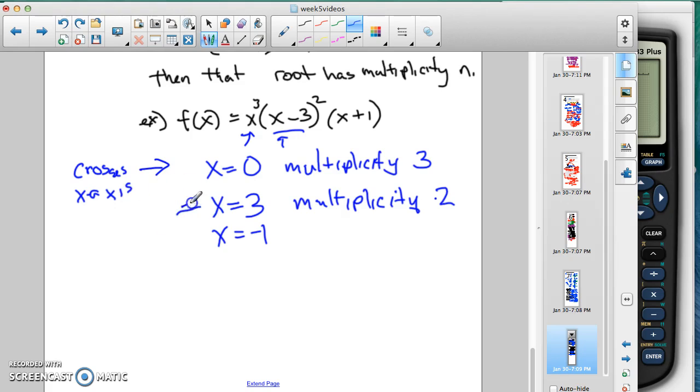This one is just going to touch the x-axis because it's even multiplicity. This one's going to cross the x-axis. So you can tell by the multiplicity whether the graph's going to touch or cross the axis.